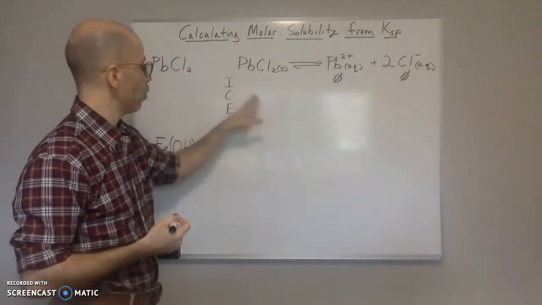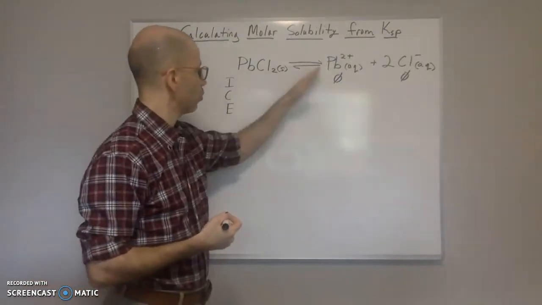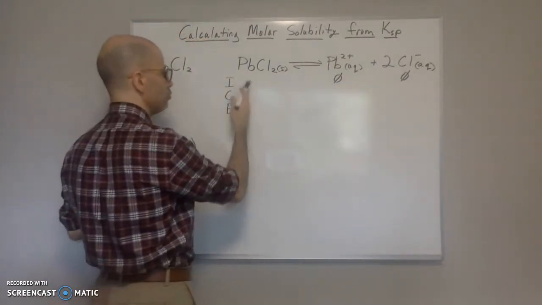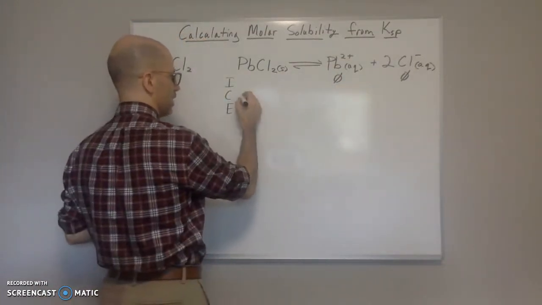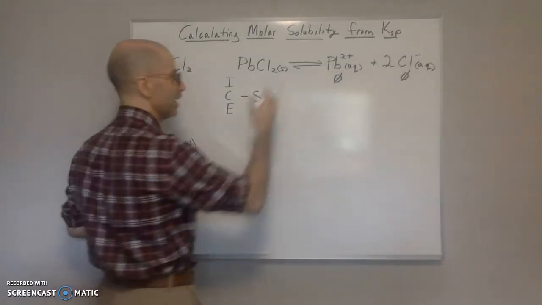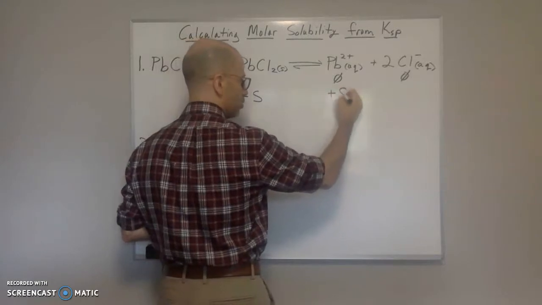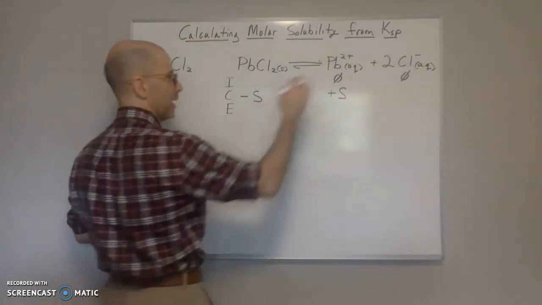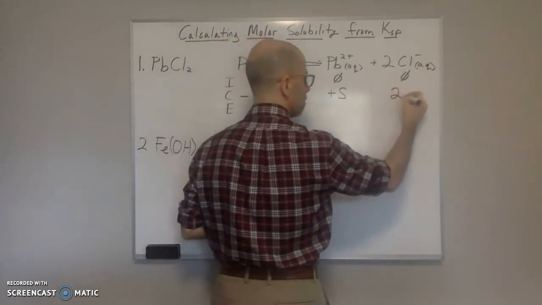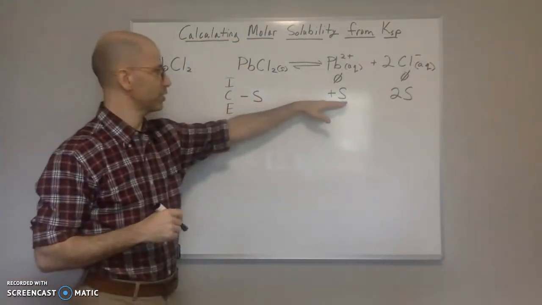For every 1 amount of this, it's a 1 to 2 ratio here. So whatever you lose here, for example, let's say minus S, you're going to gain that same amount in this part right here. So this would be plus S. And since it's a 1 to 2 ratio, this would be 2S. Okay, so that's the change.